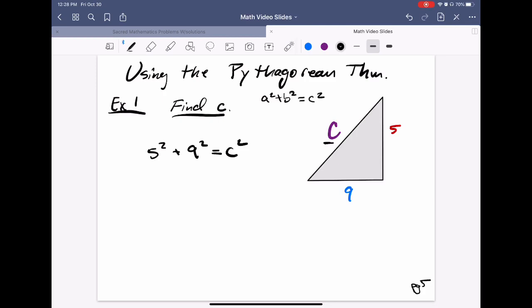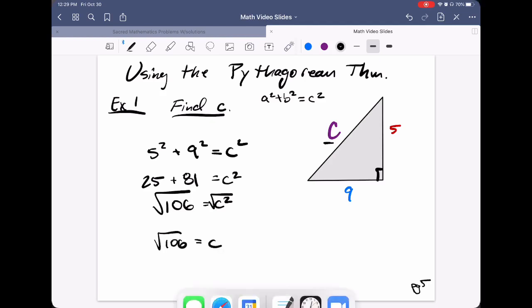The sum of the squares of the two legs equals the square of the longest side. 5 squared is 25. 9 squared is 81. That equals C squared. 25 plus 81 is 106. That equals C squared. I take the square root of both sides. I get the square root of 106 equals C. We can use a calculator to round that. We could simplify it, but we'll leave it there for now.